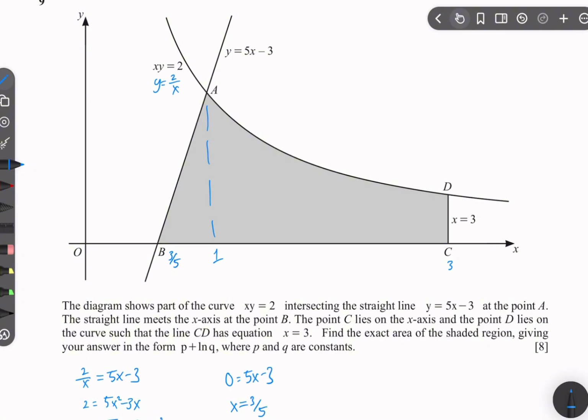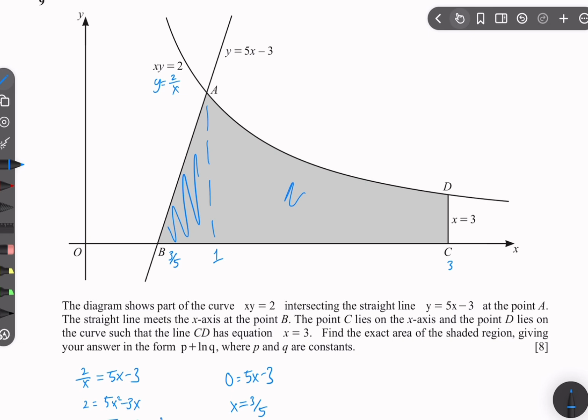And since we're finding the area of the shaded region, we can split the graph into 2 sections. And I've already split it with this dotted line. You can split it into this triangle and this other section here.